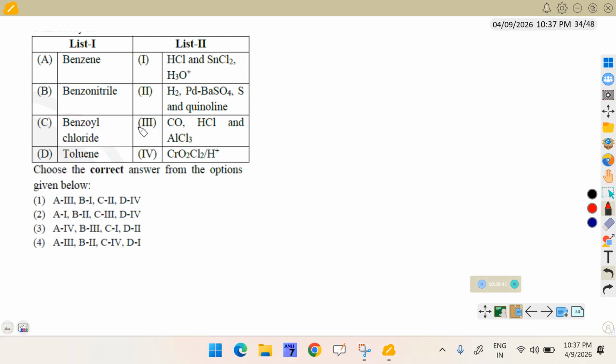Match the following. Benzene reacts with CO, HCl and AlCl3. The reaction is called Gattermann-Koch. Benzonitrile reacts with HCl, SnCl2 in the presence of H3O plus. The reaction is called Stephen reduction.